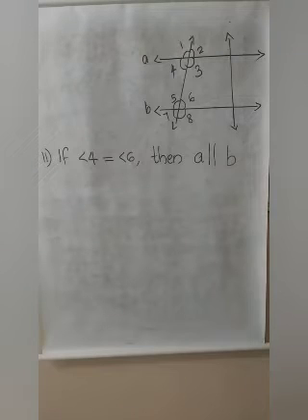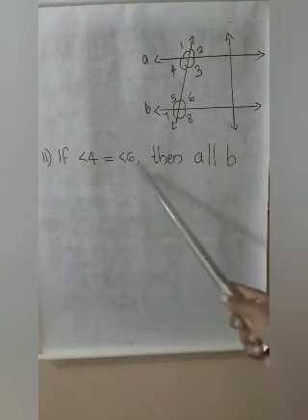Then what can you say about the lines? If a transversal cuts two lines and if one pair of alternate interior angles are equal, then the lines must be parallel. Yes. So, by that condition, we can say that A is parallel to B, because already in the question it is given that angle 4 is equal to angle 6.